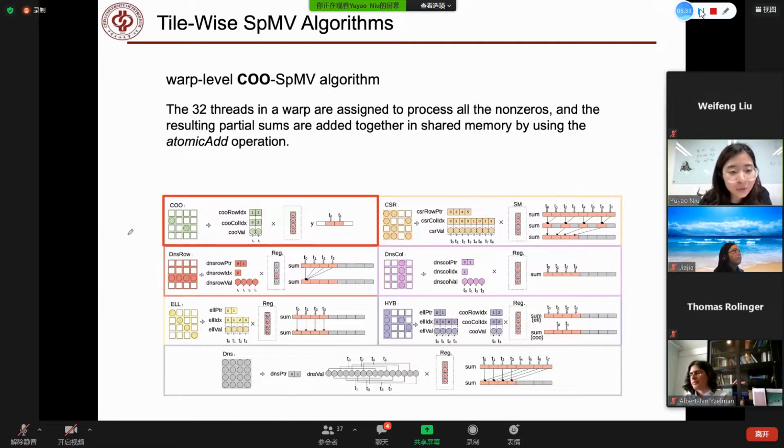And we assign a warp of 32 threads to deal with a sparse tile of size 16 by 16 in our work, and use different thread allocations according to the different sparsity structures of sparse tiles. Corresponding to the figure of 4 by 4 sparse tiles, we assume that we have 8 threads to deal with the sparse tile, and take the COO tile as an example.